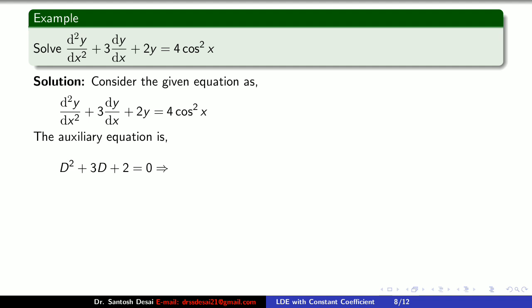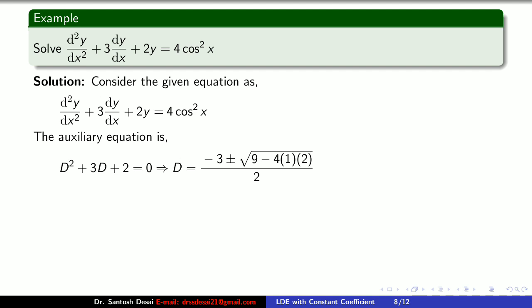Now again this is a quadratic equation with the values of a equal to 1, b equal to 3 and c equal to 2. So using the quadratic formula, the roots are D is equal to minus 3 plus minus square root of b square minus 4ac. So here 9 minus 4, a is 1 and c is 2, divided by 2.